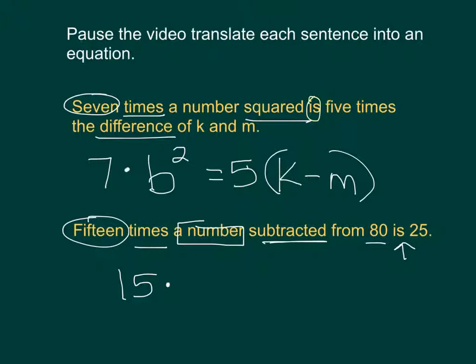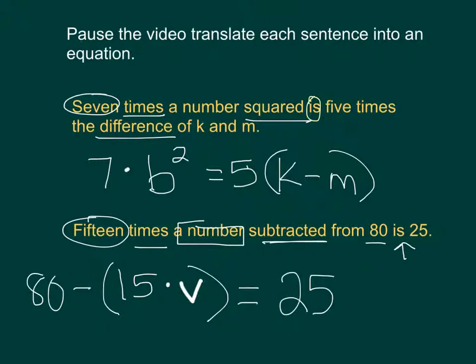So we got to make sure that we represent that number with a variable, sorry. So let's just use v. And then it says subtracted from. So coming from something, the 80 would go in front, is 25. So for this one, you have 80 minus 15 times v equals 25.